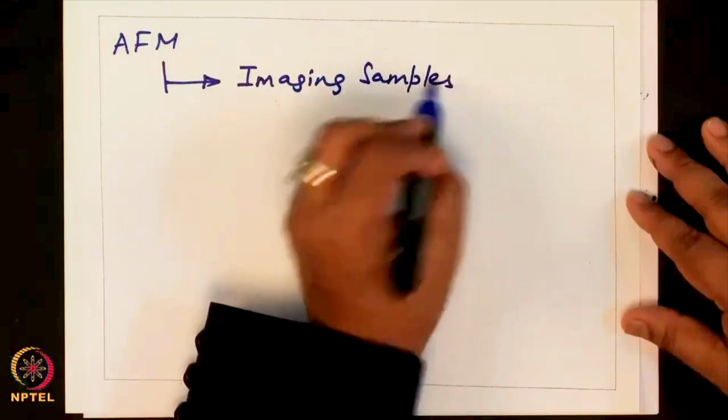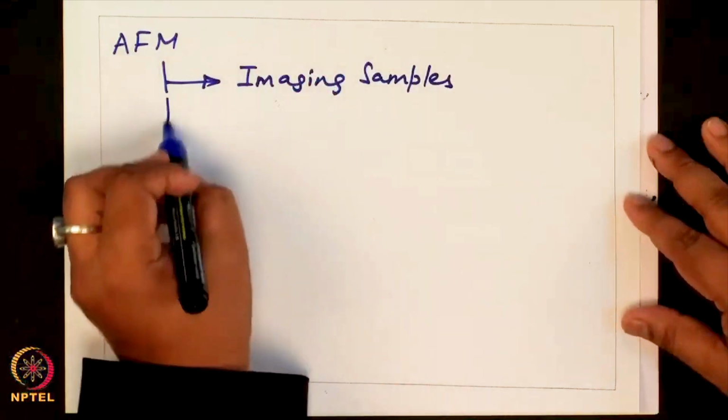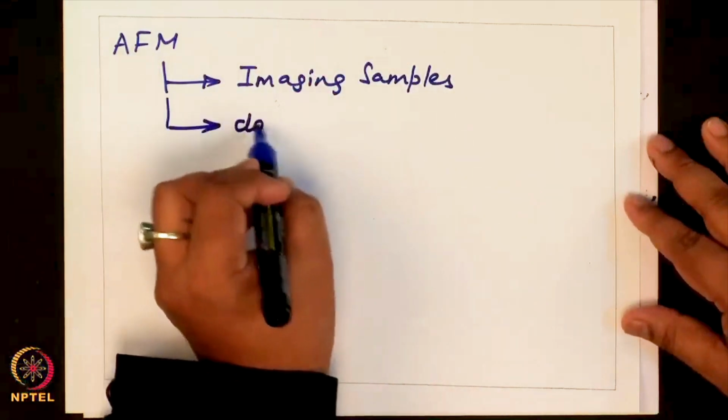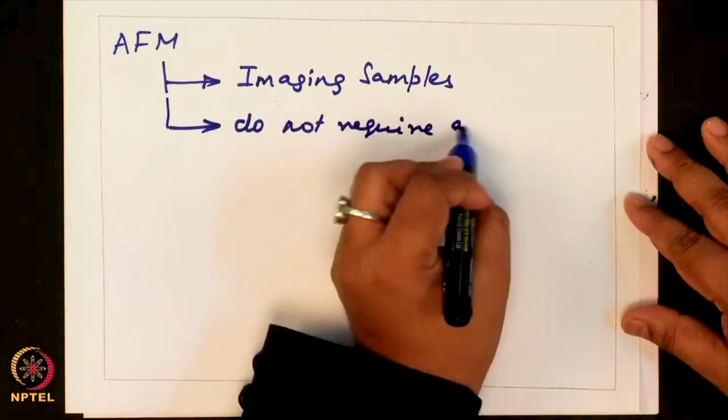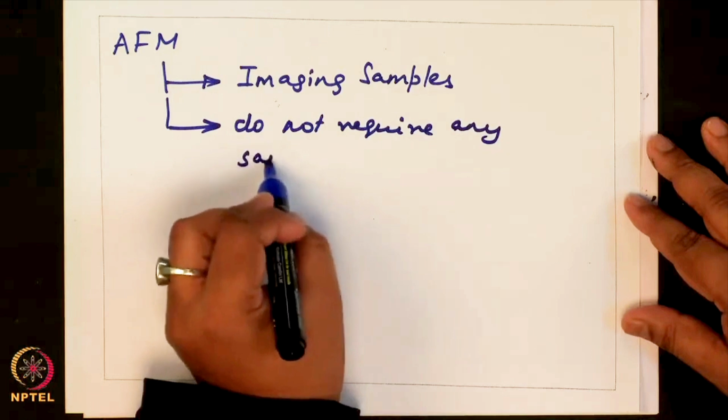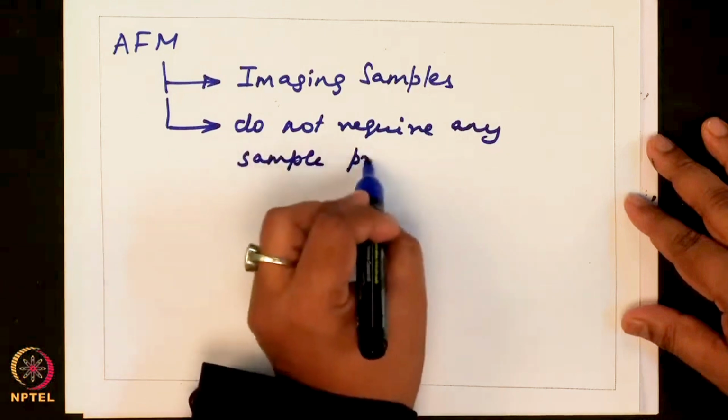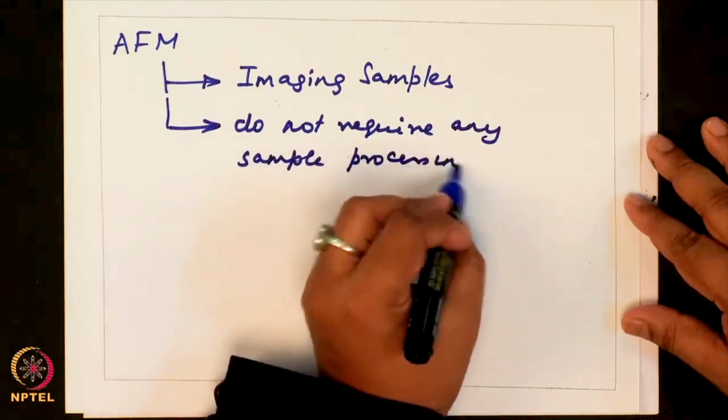So, we had previously discussed about AFM. So, AFM can be used in multiple different ways. It was originally discovered for imaging samples, okay, because for AFM you do not require any sample processing. Okay.